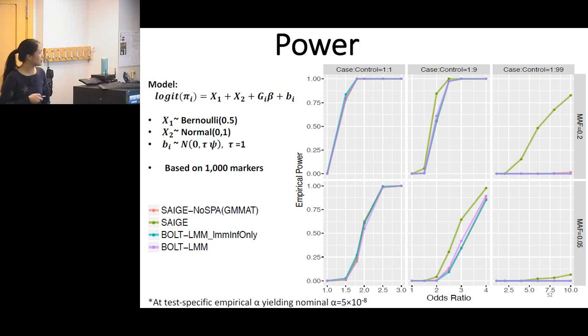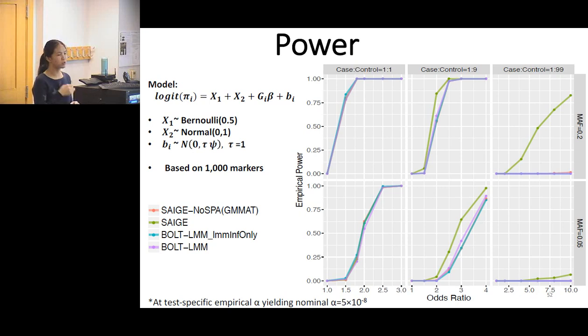The green line here is for SAIGE, and the red line is SAIGE without SPA, which is equivalent to GMMAT, and the other lines are BOLT-LMM. You can see when the case control ratio becomes more unbalanced, SAIGE has more power, but that is basically because the other two methods have very inflated type 1 error rates.